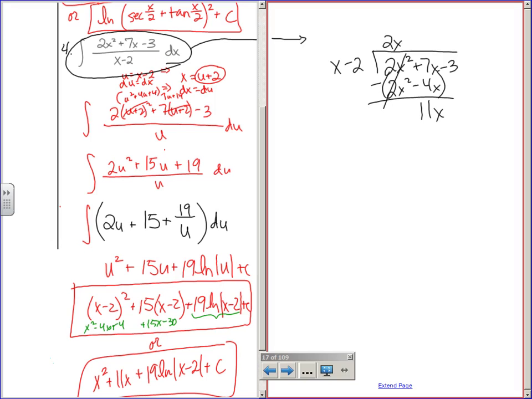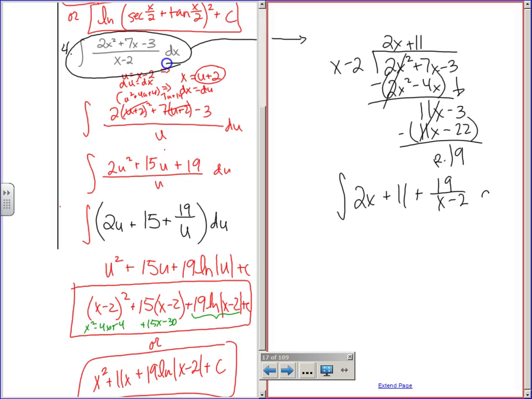Bring down the negative 3, and wouldn't that be 11? 11x minus 22, and we subtract, and negative plus 22. And that's a remainder. Couldn't we have changed that whole thing just to be, oh, hey, it's just 2x plus 11 plus 19 all over x minus 2 dx?